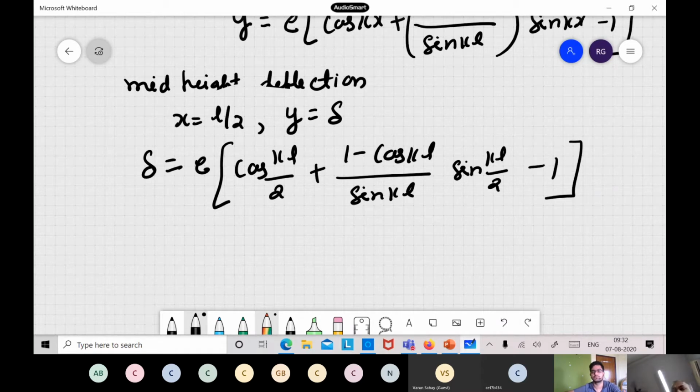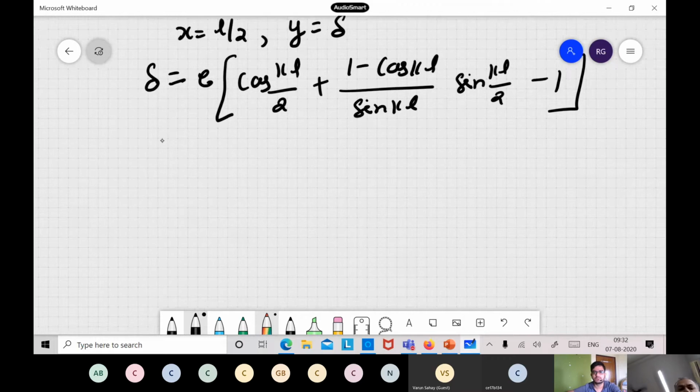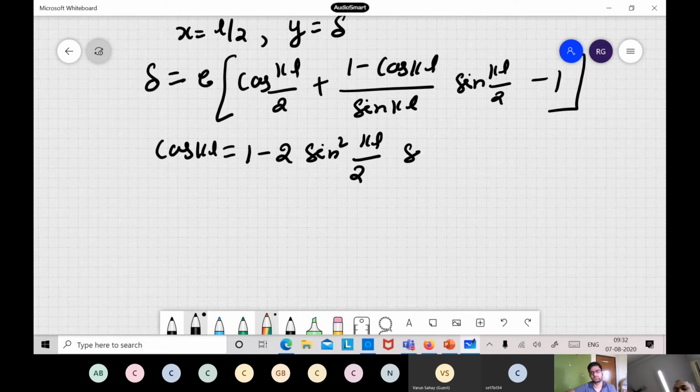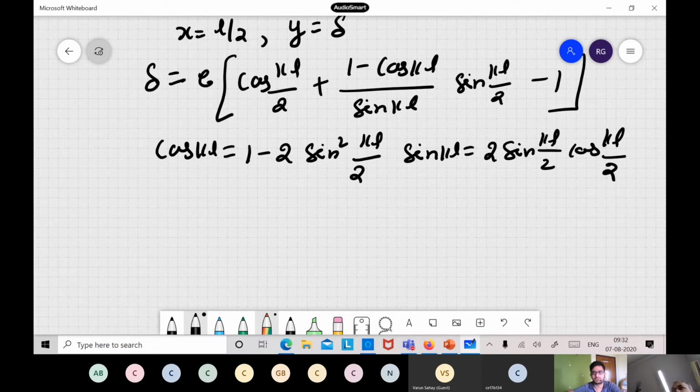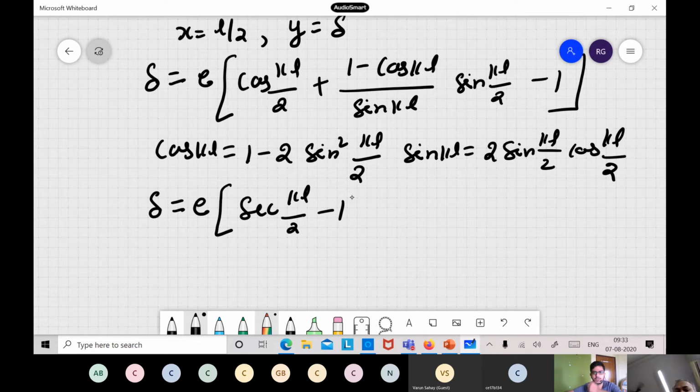Now you use our trigonometric identities, that is, cos KL is equal to 1 minus 2 sine square KL by 2. All of you know these things. And sine KL is equal to 2 sine KL by 2 cos KL by 2. So substitute and do some algebra. Delta becomes e into (secant KL by 2 minus 1).